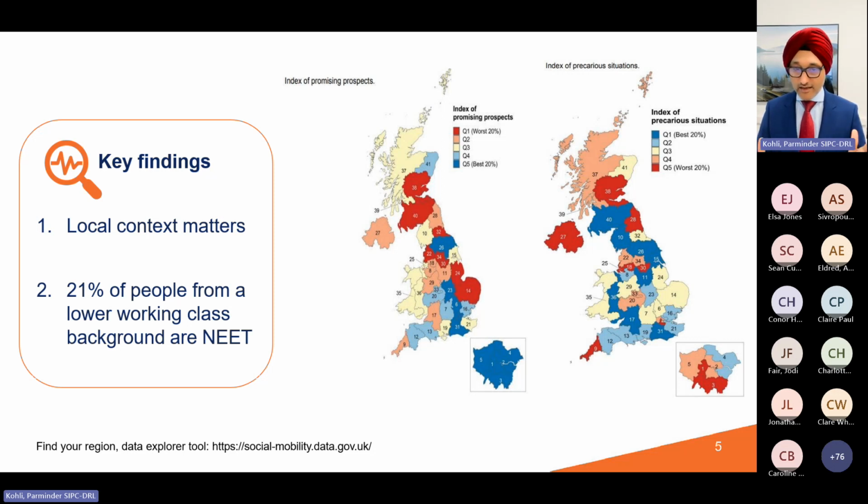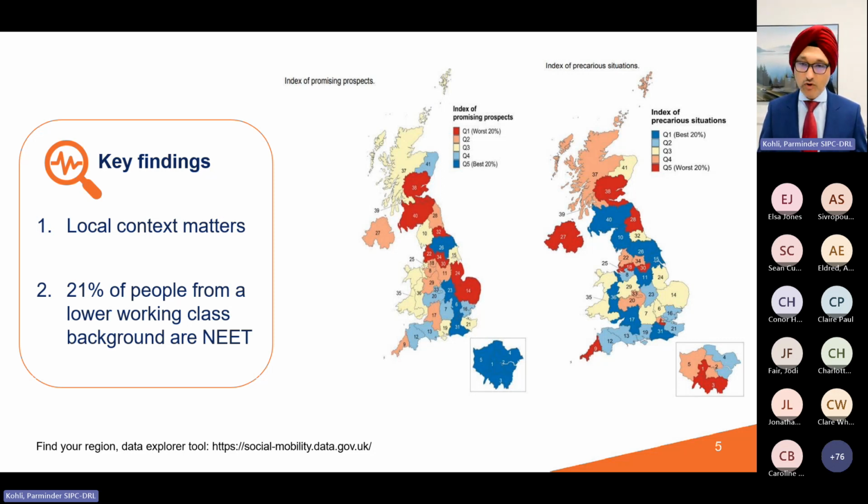So it's a tale of contrast. But at the same time, you see parts of the country like South Yorkshire or East of Scotland, which are faring poorly in both these categories.